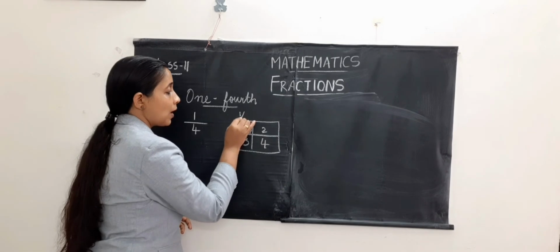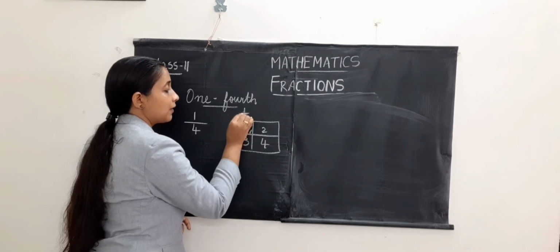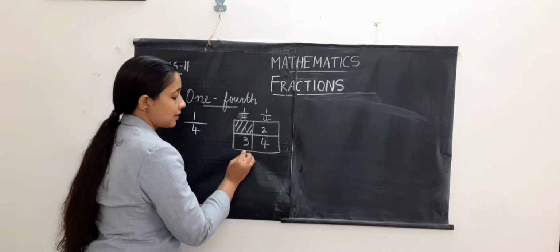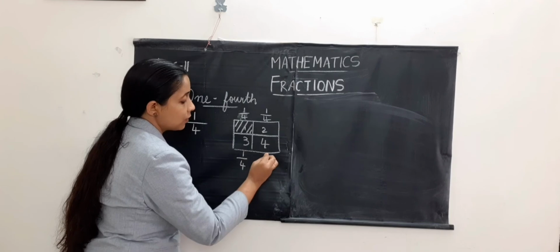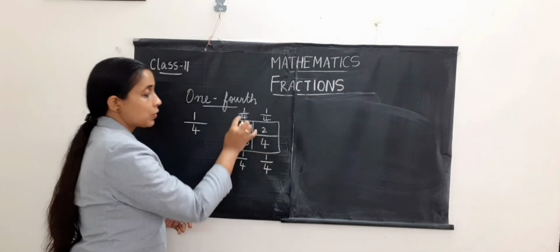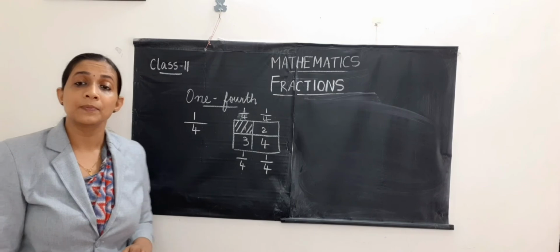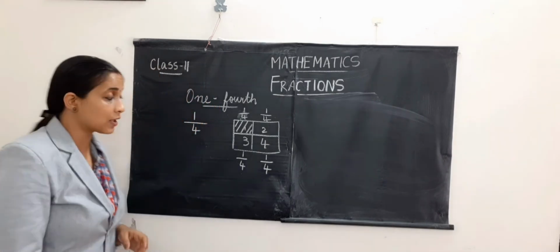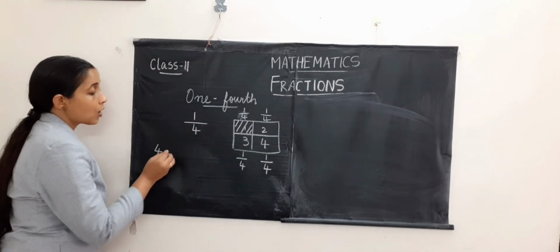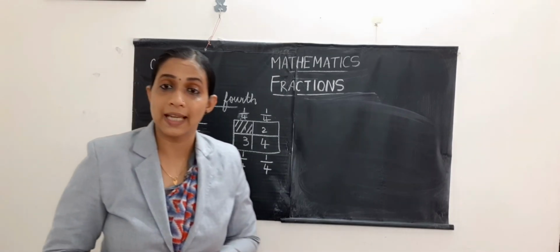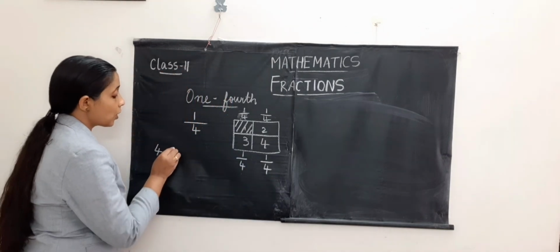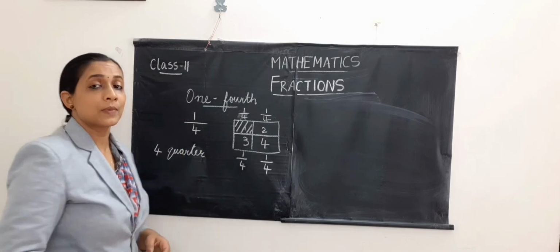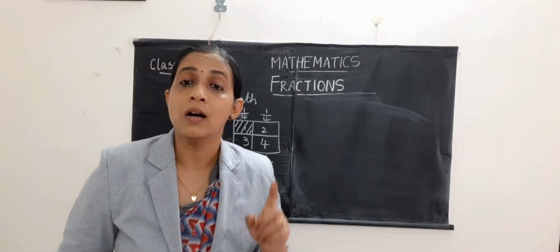This is 1/4, this is another 1/4, and this is another 1/4. 4 quarters together form a whole. 4 quarters altogether make a whole.